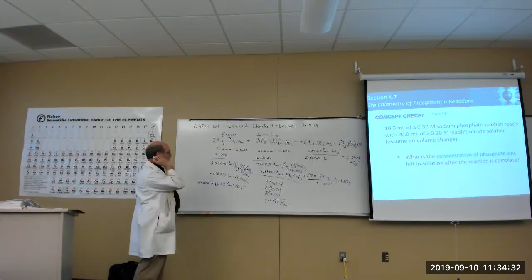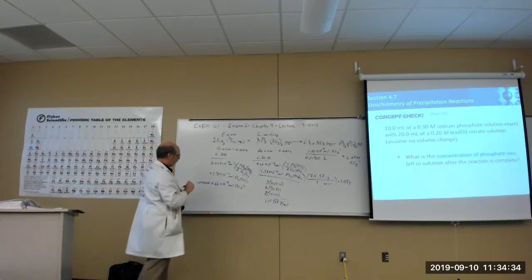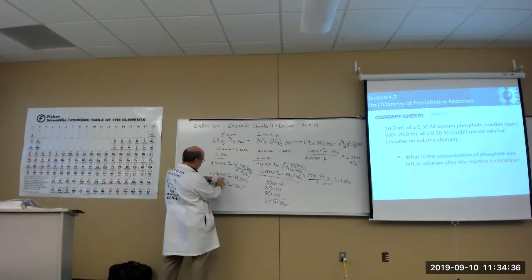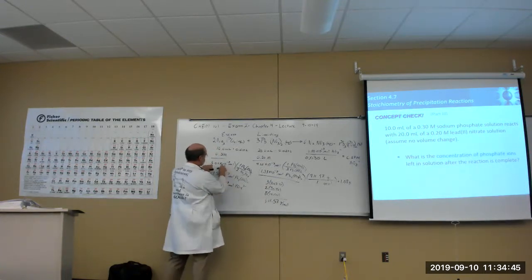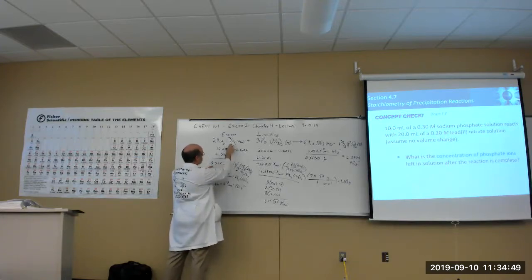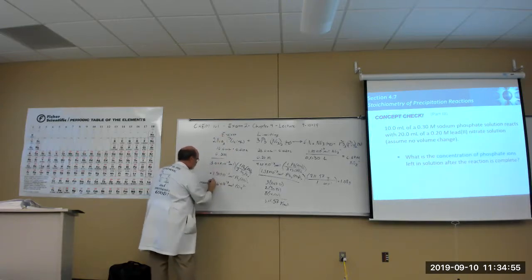How much phosphate did we start with? Well, if we started with 1.5 moles of this compound, then we had 2 to 1. No, excuse me, that's wrong. Here we go. 3 moles of this compound, and it's 1 of these for every one of those. So this one is what we started with.